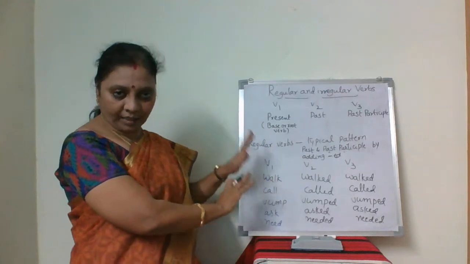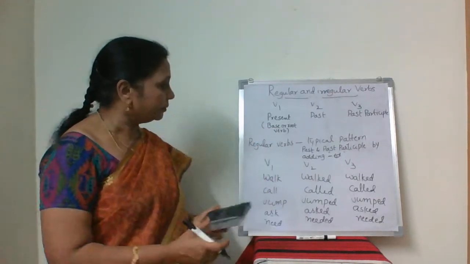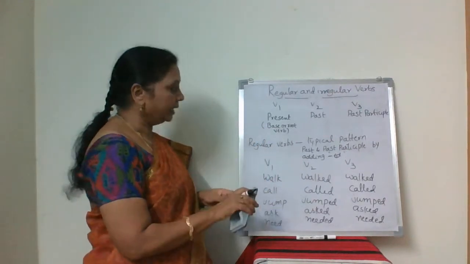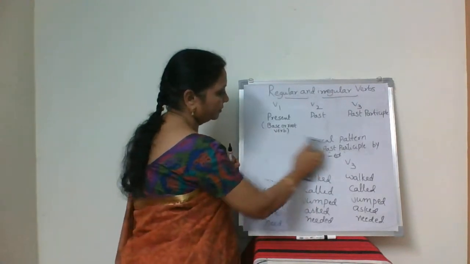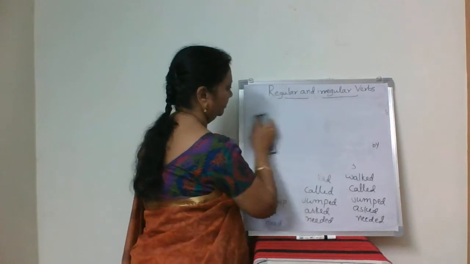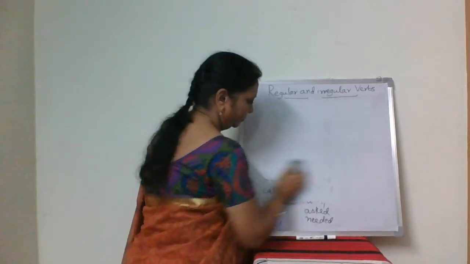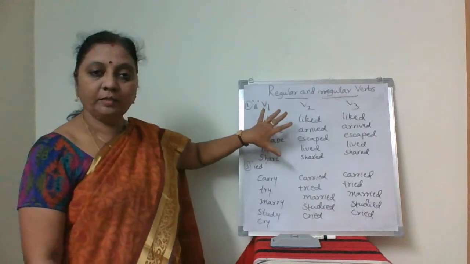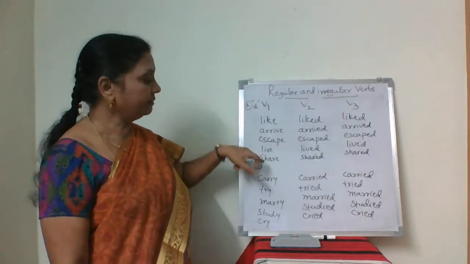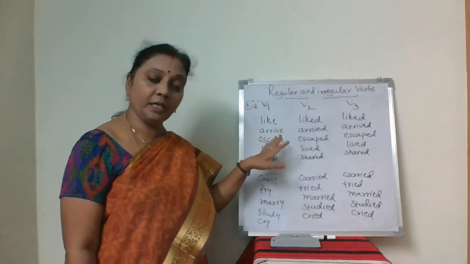Those are regular verbs. And we see just by adding d also. Let us see two more ways of regular verbs. Next. Look at this. Here, these words, they end with e.